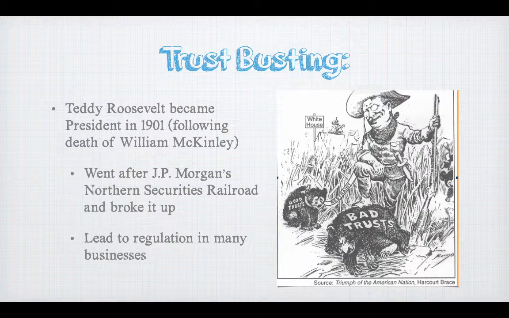Things would change when Teddy Roosevelt became president after William McKinley's death in 1901. He immediately went after J.P. Morgan's Northern Securities. Northern Securities was a railroad company that controlled almost 75% of railroad lines in the northern half of the United States.